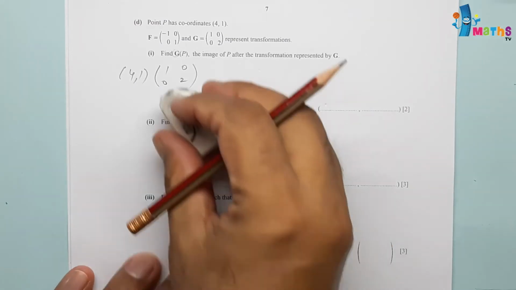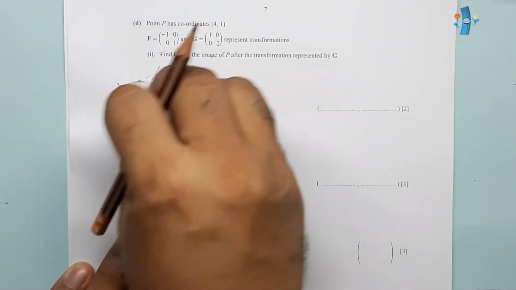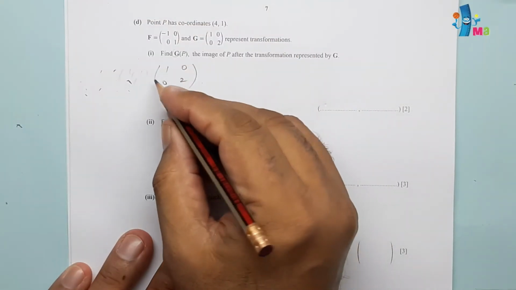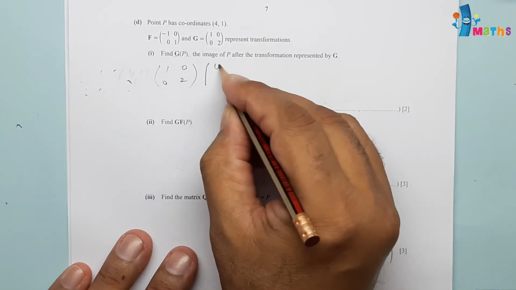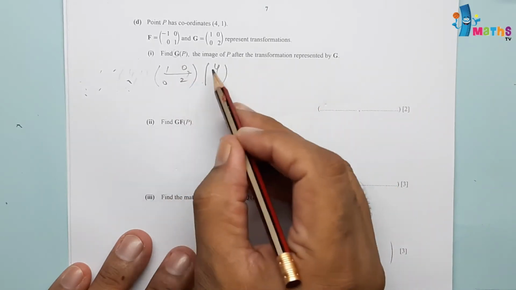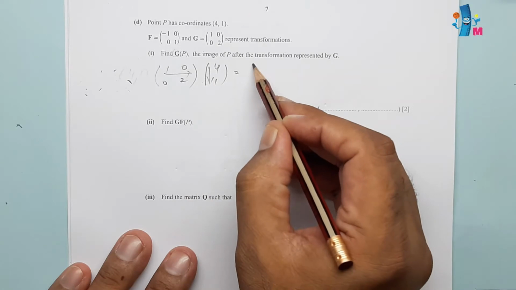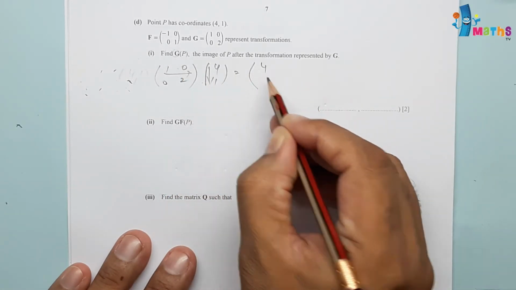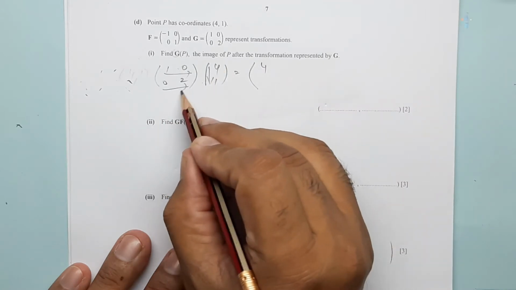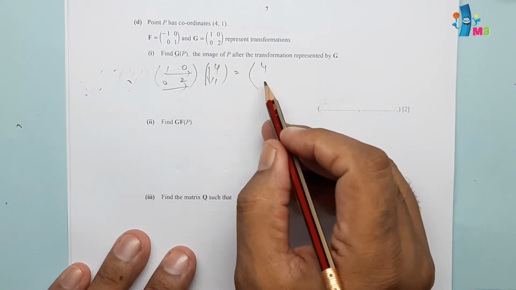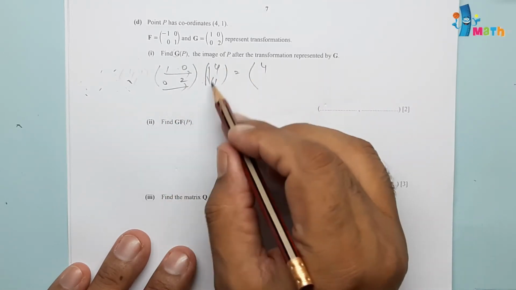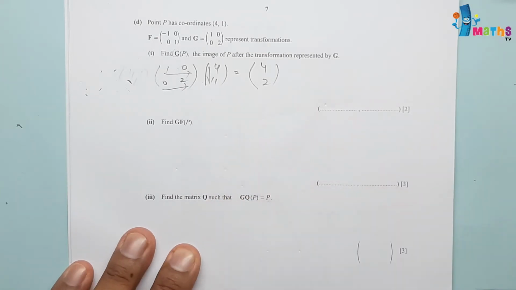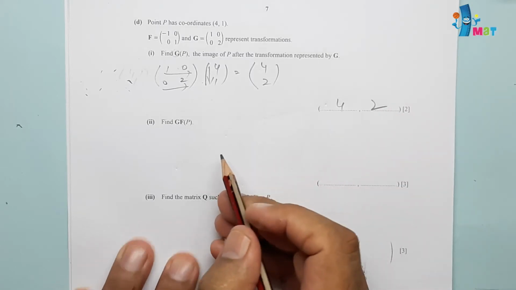So better to write this one on the other side, which we can write over here in form of matrix 4 and 1, and we can multiply this with this, and this will be resulting to 4 plus 0. So we'll write just 4, and the second row and first column will be 0 and 2. So this will be the answer. 4 and 2, we can write here 4 and 2.